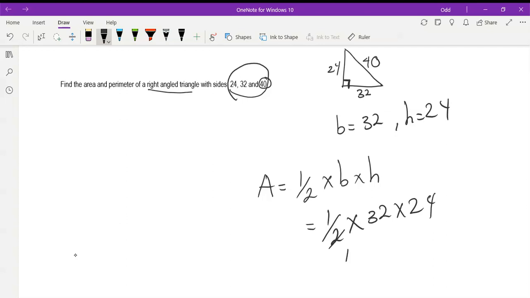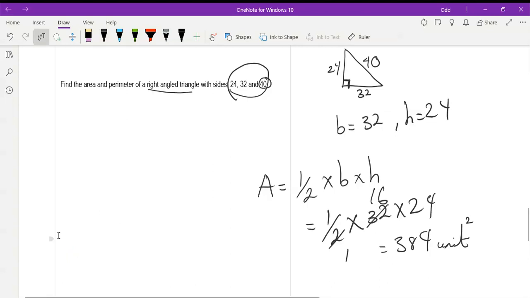Okay, you can go here. That'll be 16. So 16 times 24 will be 384. They didn't give us a unit, so you can just say square units, because we're doing area.